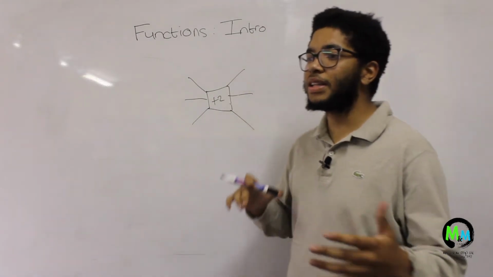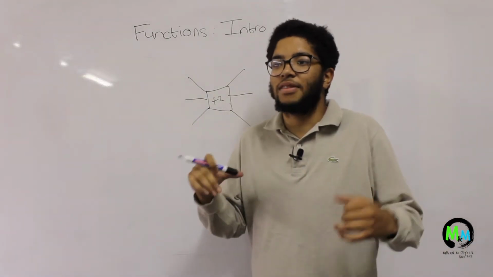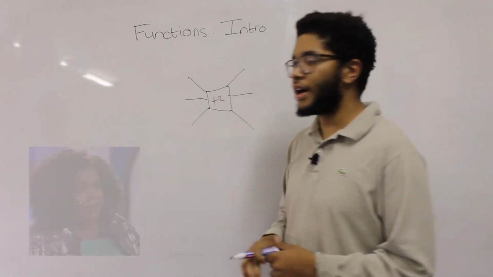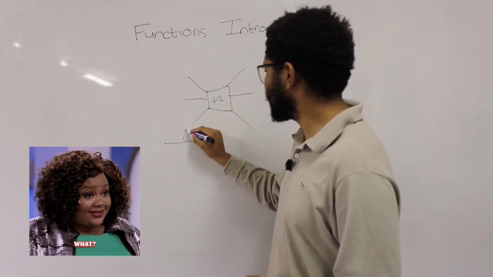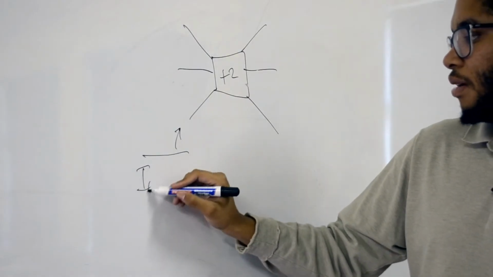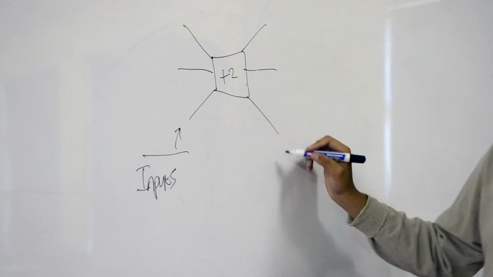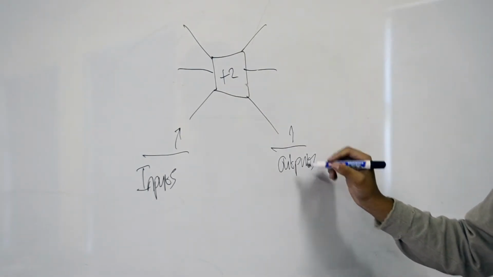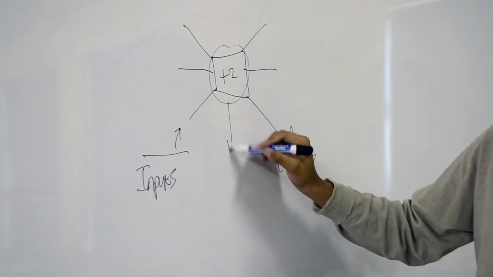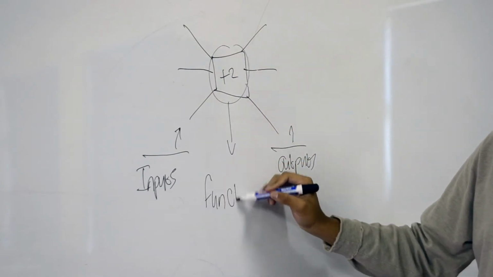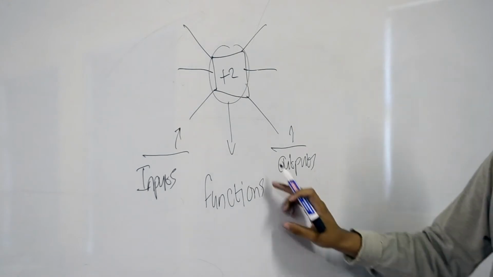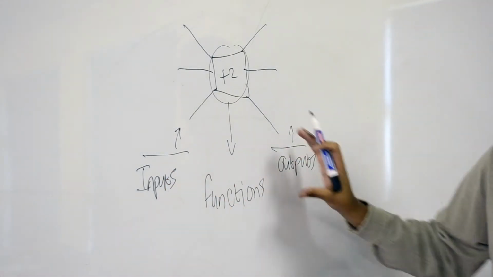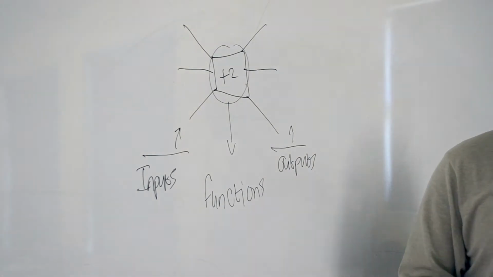You probably didn't notice it back then, or they probably didn't even tell you, but this is basically a function, because everything on this side is your inputs and everything on this side would then be your outputs, and this part in the middle is technically your function, which basically shows you how you go from your input, which is your one variable, to your output, which is your other variable.